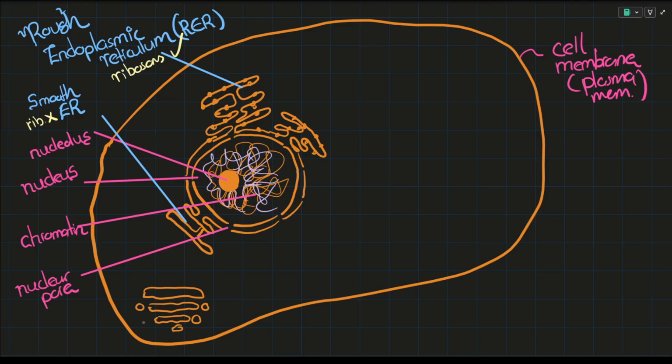Like so. This Wi-Fi looking thing is known as your Golgi apparatus, or you can call it Golgi bodies. And you can see these small little things.